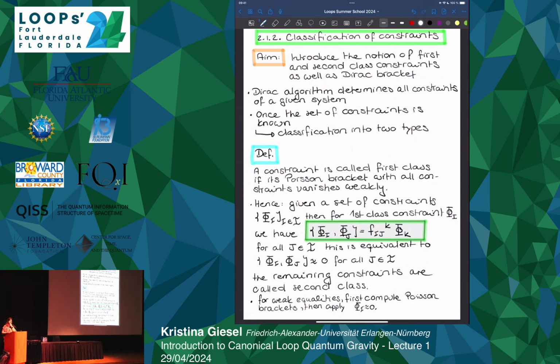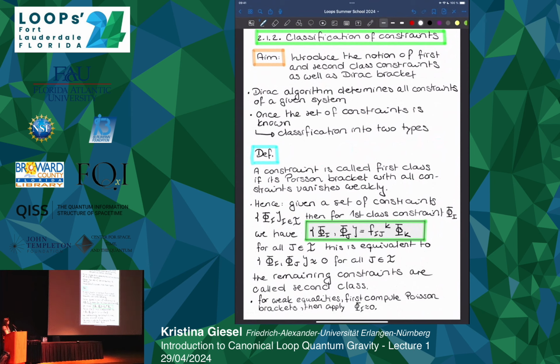The first type we call first class. Consider a given final set of constraints φ_I, where I is just an index set labelling all the constraints you have: primary, secondary, and any that come up later in the algorithm.